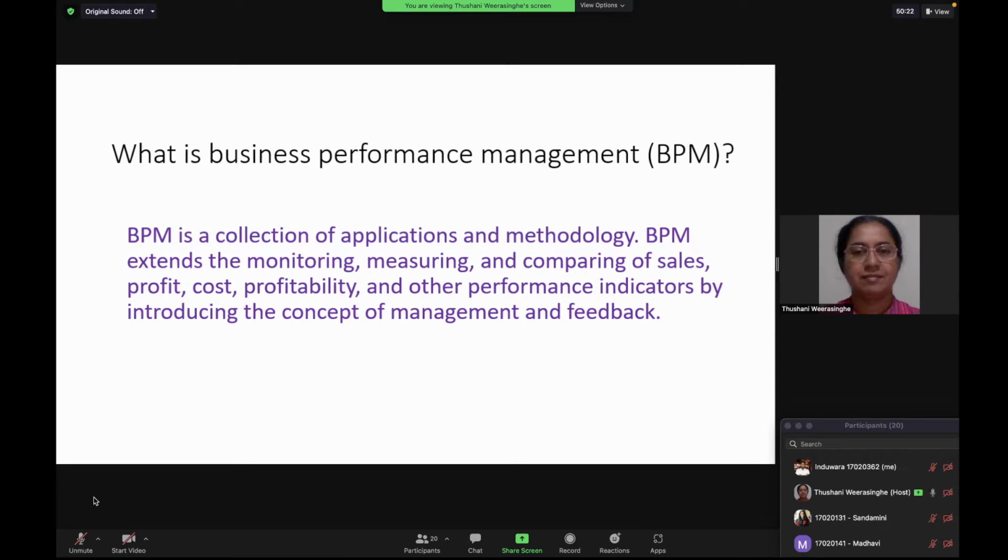So whatever business activities are going on in the organization need to be managed. The performance needs to be monitored and measured, and you need to compare the sales and the cost, and what profits we have acquired, and those things need to be indicated. So performance indicators are to be introduced. That's what we do here.